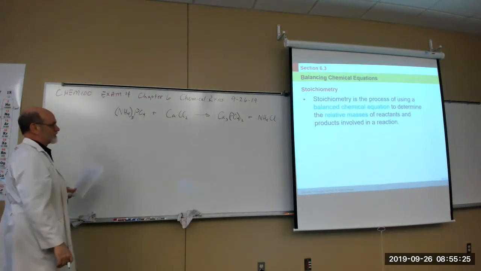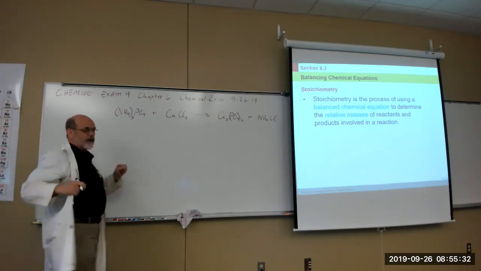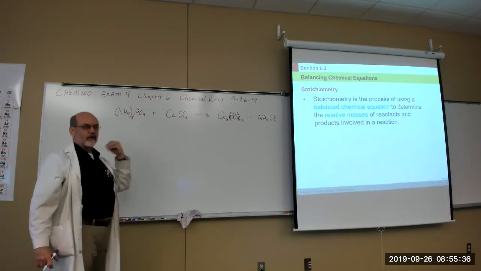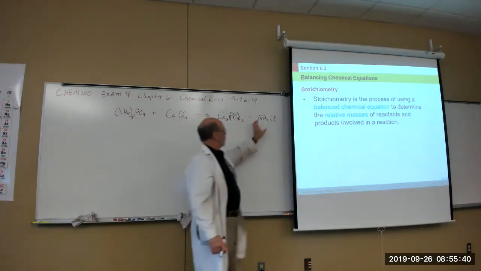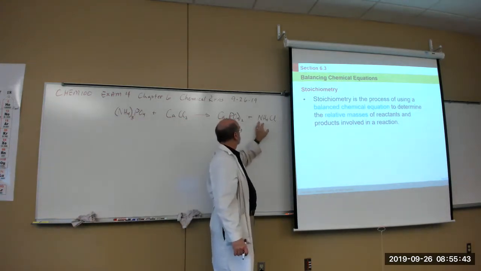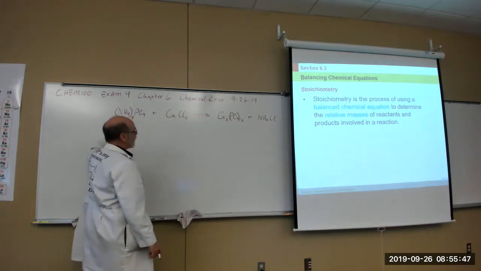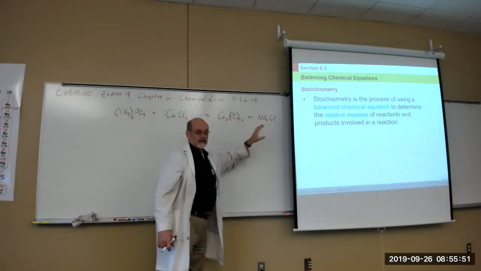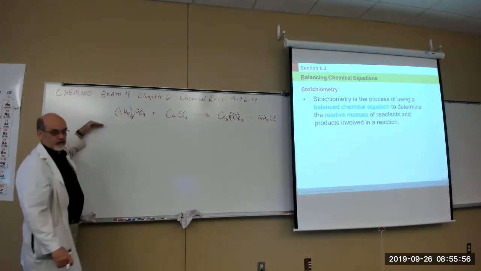Now we want to balance this equation. Here's the last hint. If you've got polyatomics in your equation and they remain intact on both sides, in other words, there's your ammonium, here's your ammonium. It has nitrogen and hydrogen in it, and it's not broken up. In other words, that nitrogen doesn't appear anywhere else. As long as it remains intact, you can treat it as a separate element in your table.